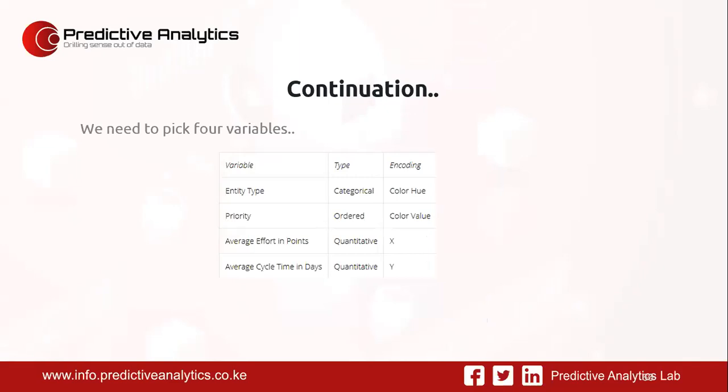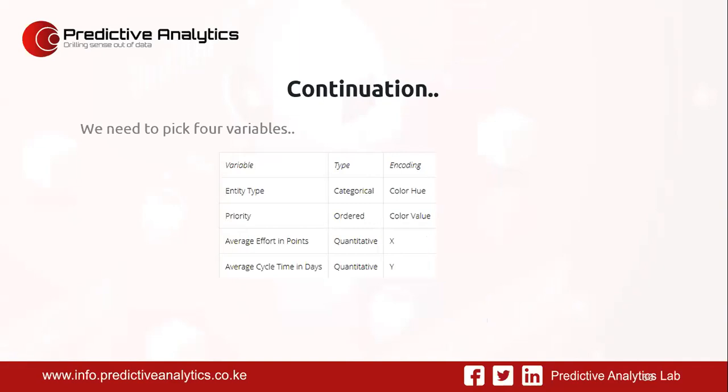So we need to pick 4 variables. We pick entity type, priority, average effort, average cycle time. For the type of data, entity type is categorical, priority is ordered, effort is quantitative, cycle time is quantitative.